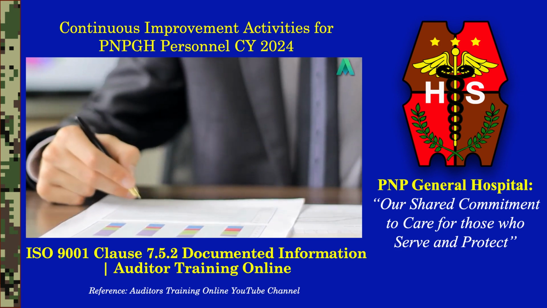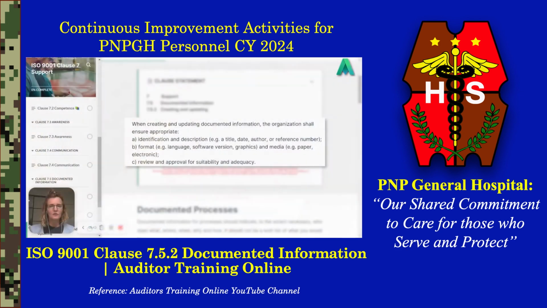So when we look at documentation, we want to understand what it is. So that's that identification and description. So possibly the name of the documented information, the name of the file might be relevant to what it actually is.